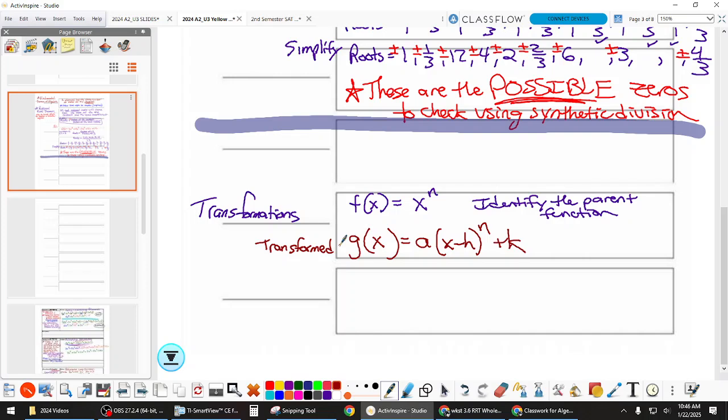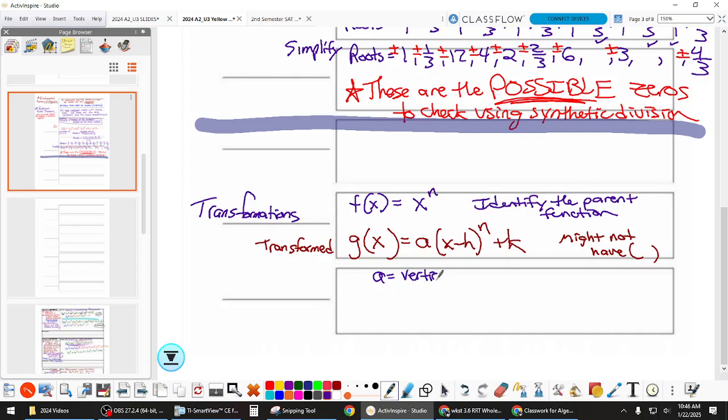It might not have parentheses. It might just have x, like we already saw a couple examples where it was just like x to the third with some number out front. It doesn't matter if they're there or not for what we're going to ask.